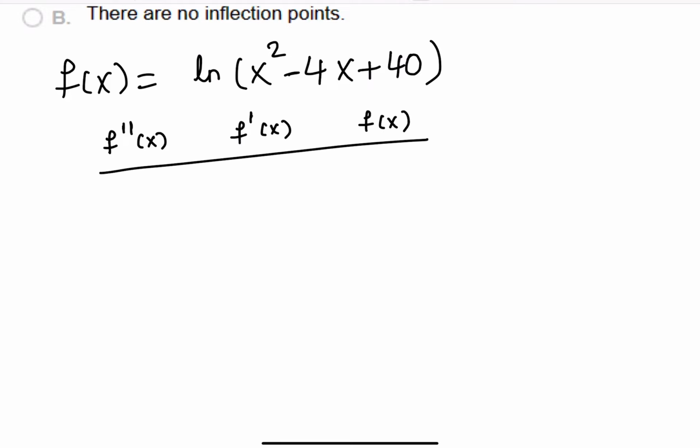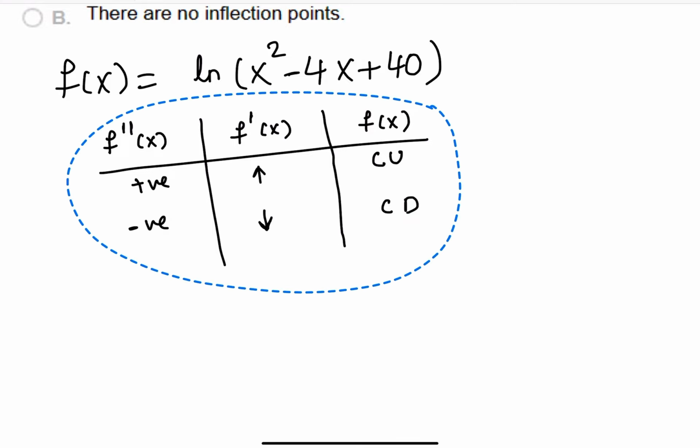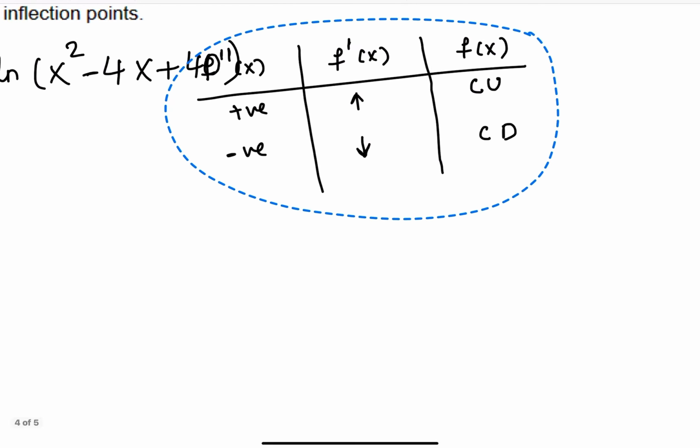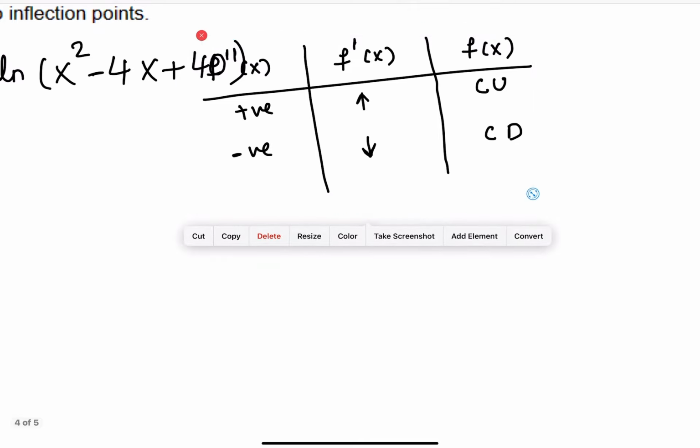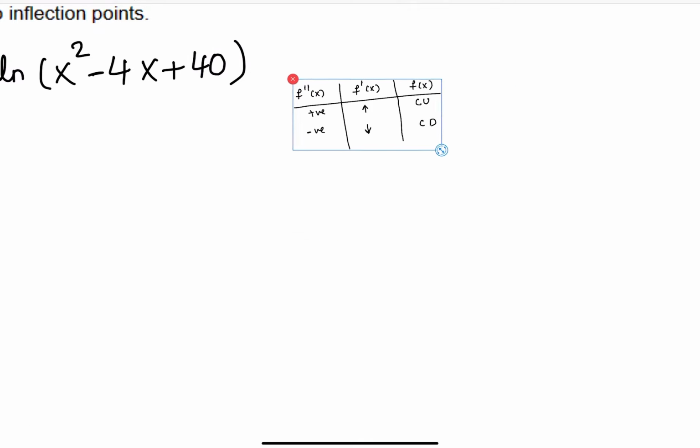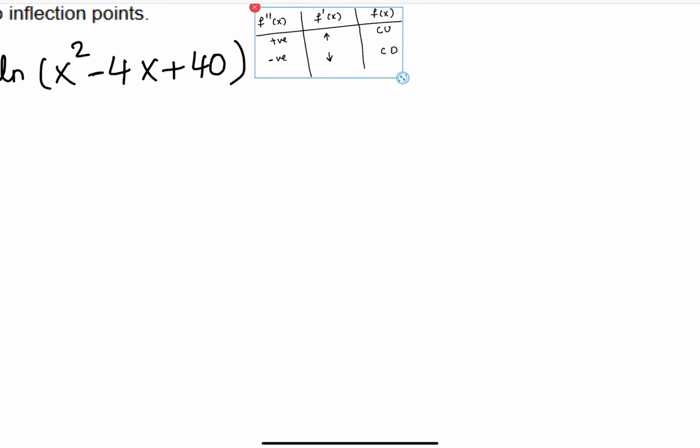Remember this table that we did in the beginning? If this is positive, this is increasing, this is concave upward. If this is negative, this is decreasing, and this is concave downward. I'm going to move this so we can have this available for us at all times.